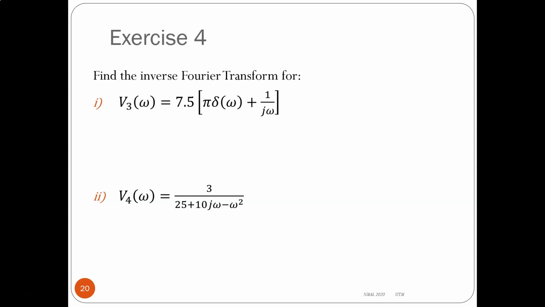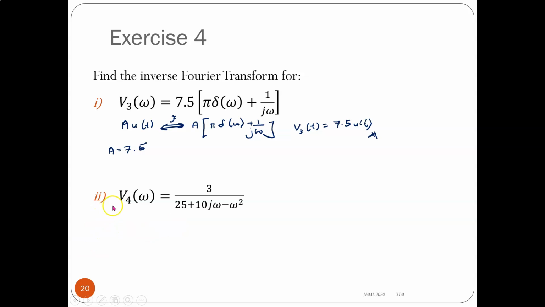From the table, I found that the Fourier transform pair for the unit step function with amplitude A is given by A pi delta omega plus 1 divided by j omega, which basically matches the form here. So we know that A here is 7.5. Just putting it into this equation, we get v3(t) equal to 7.5 u(t). As simple as that.